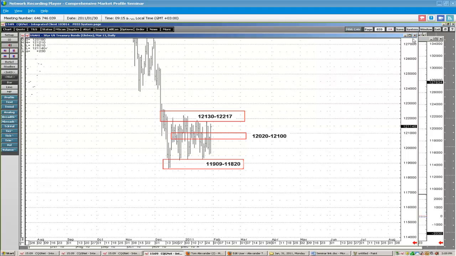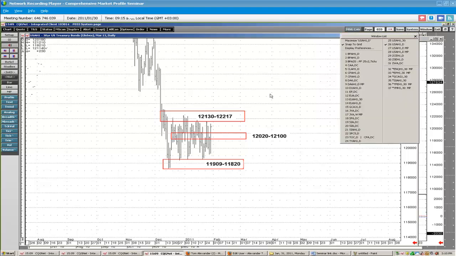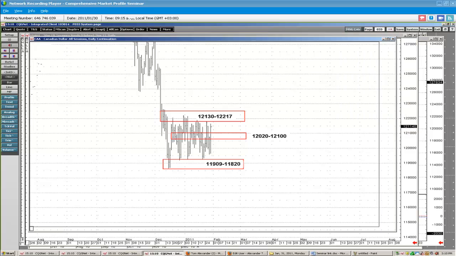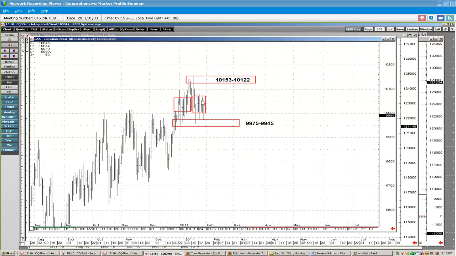Other markets of interest, I think that of particular interest, the Canadian dollar. The Canadian dollar, this is a very important area in here. The Canadian dollar has traded below this high volume node now, and this is an area that has contained buying tails for the past, well, this year.